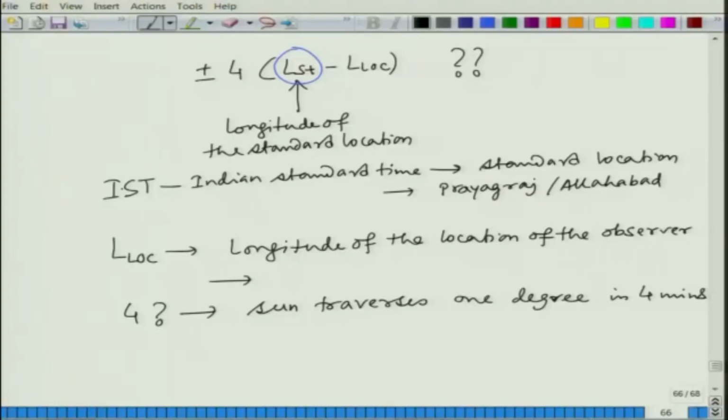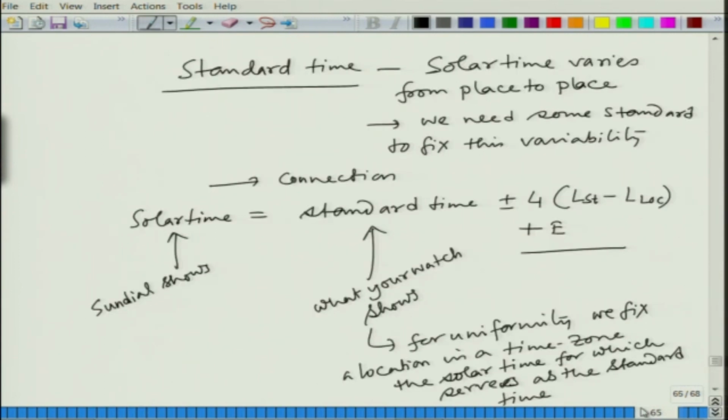So, if you compute that, you will get it traverses 1 degree in 4 minutes. Okay. That is why that factor 4 is coming, and you can say that all this time that we are writing is in minutes. Okay. So, if we go back to the equation here, the difference between solar time and standard time will be coming in minutes. That is why we are using this factor 4.